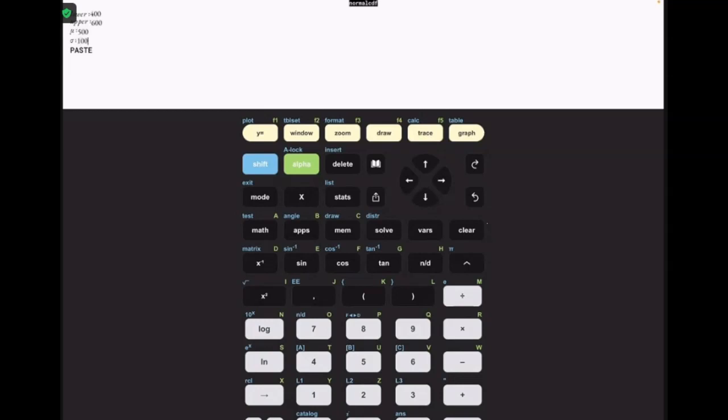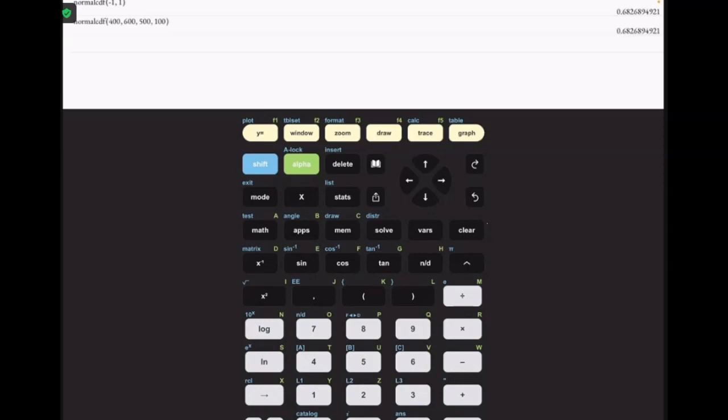It'll do the same work. I paste it. I could have typed it into my calculator like this: 400, comma 600, comma 500, comma 100. You can see why having these updated calculators helps, because you're otherwise wondering what number goes first, what number goes second, how many numbers am I supposed to use? If you have these calculators, especially online like this, you can get the answer, and I hit enter, and it gives me the same thing.